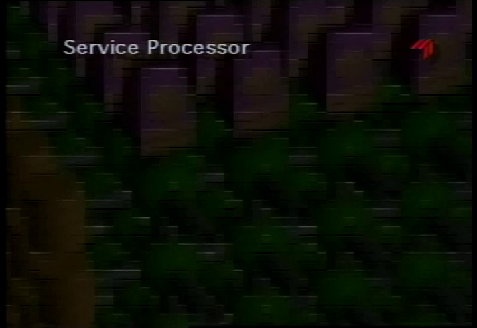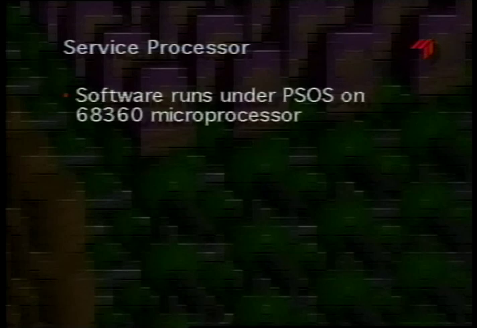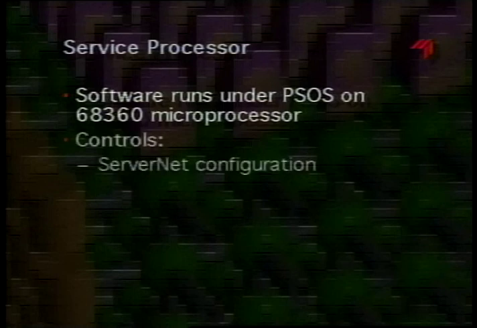The maintenance system is controlled through a service processor which runs on a 68360 microprocessor under the PSOS real-time operating system. The service processor controls the ServerNet configuration and reconfiguration, and it detects changes as components are added or removed from the system. It also takes care of automatically reassigning the ServerNet node IDs and maintaining a consistent view of the system as nodes are added or deleted.